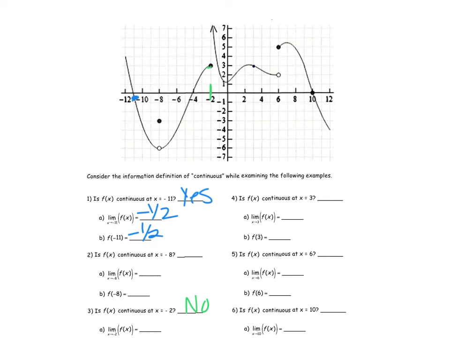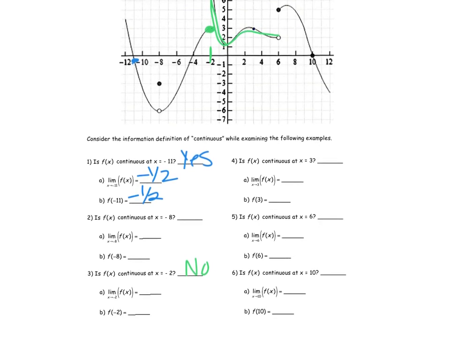Well, because look, guys, you have a point here, and then this graph is going towards infinity. So we've got a jump going on. We're jumping from here all the way up to here and continuing the graph. So it's not continuous because of the jump discontinuity.